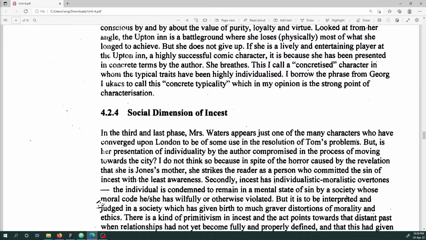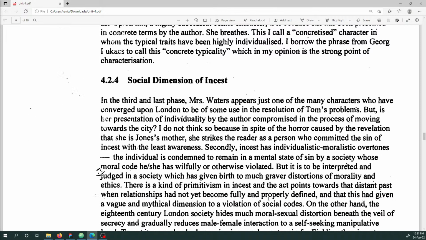Secondly, the incest has individualistic, moralistic overtones. The individual is condemned to remain in a mental state of sin by a society whose moral code he or she has willfully or otherwise violated. But it is to be interpreted and judged in a society which has given birth to much graver distortions of morality and ethics.